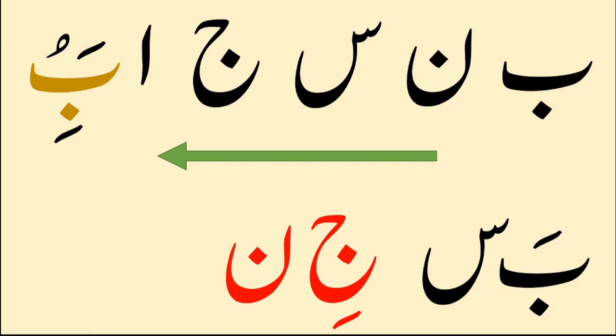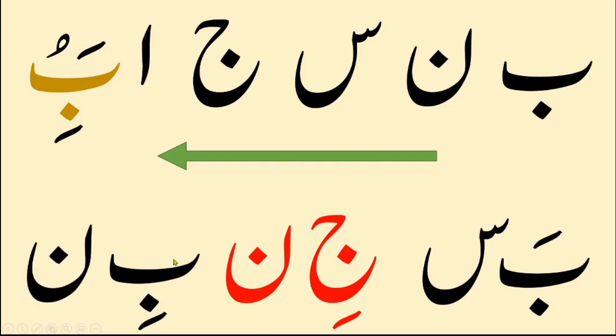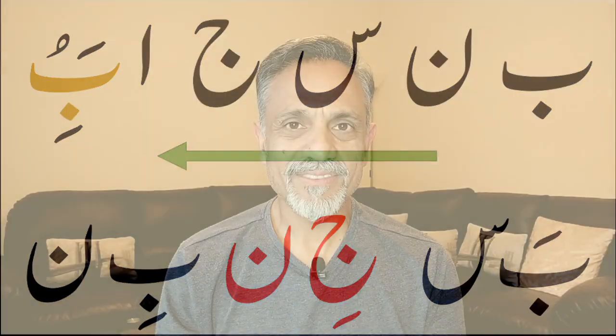In Arabic it is jinn, but we say only jinn in Urdu. Let me write one more. B, I, n, bin. The English word bin is known as bin in Urdu as well, and bin also has a different meaning, which means without in Urdu.